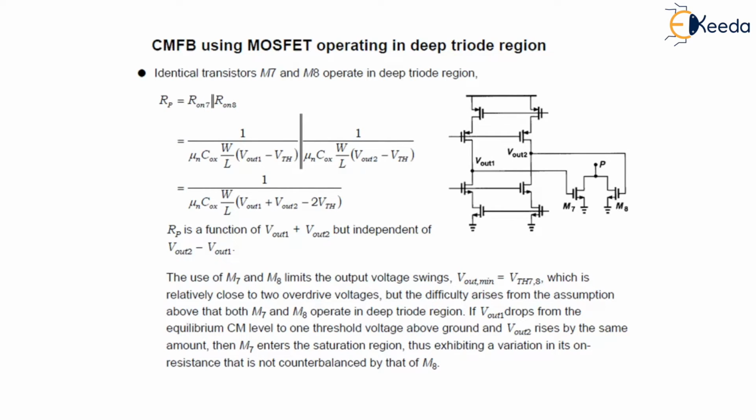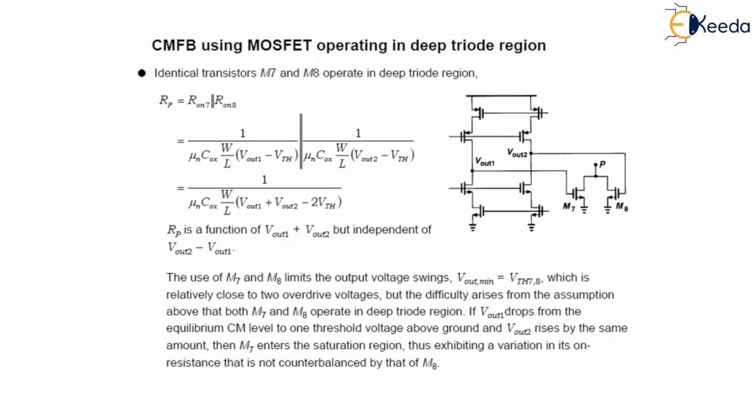If Vout1 drops from the equilibrium CM level to one threshold voltage above ground and Vout2 rises by the same amount, then M7 will enter the saturation region, thus exhibiting a variation in its on resistance that is not counterbalanced by that of M8.